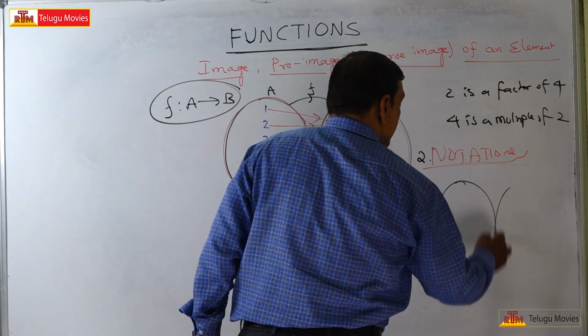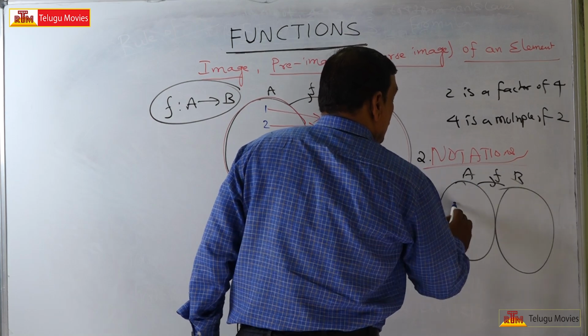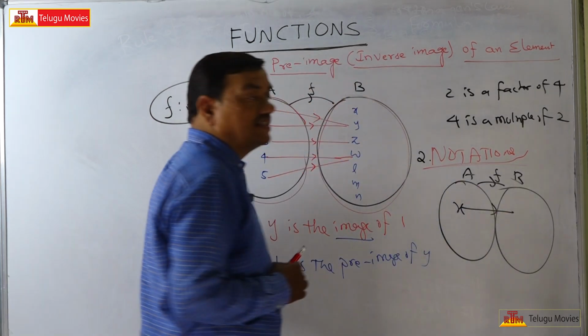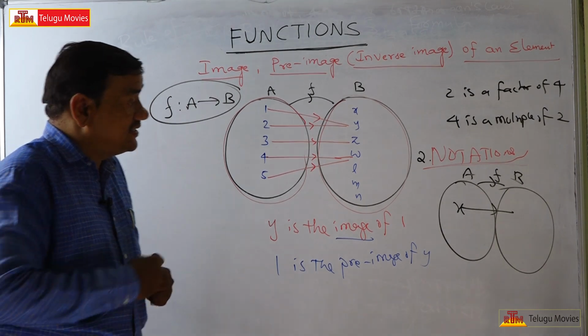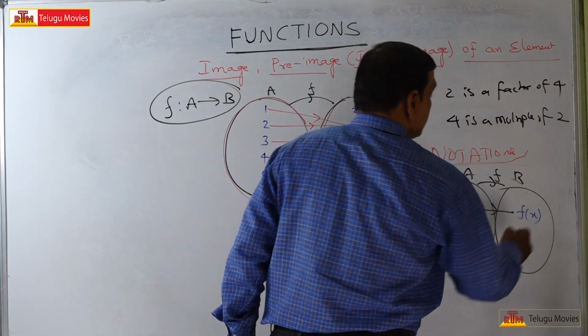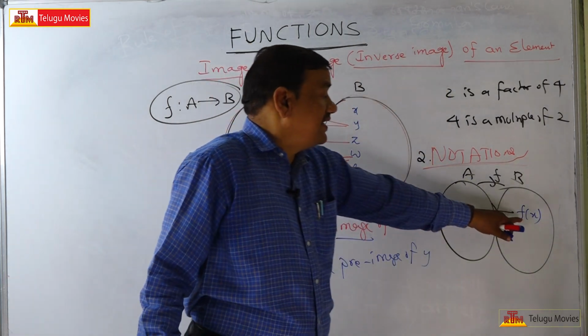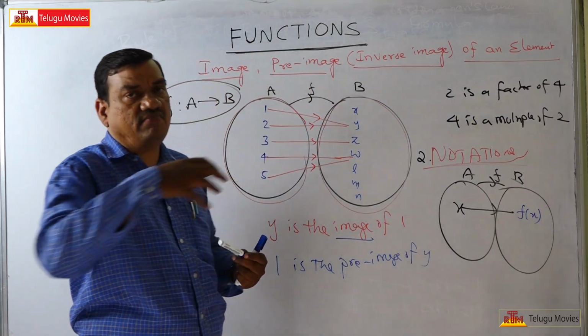Same here, two sets are there, A and B. Your function name is f. If your element is x, its image is denoted by f of x. Sir, why f? The function name is a brand name.